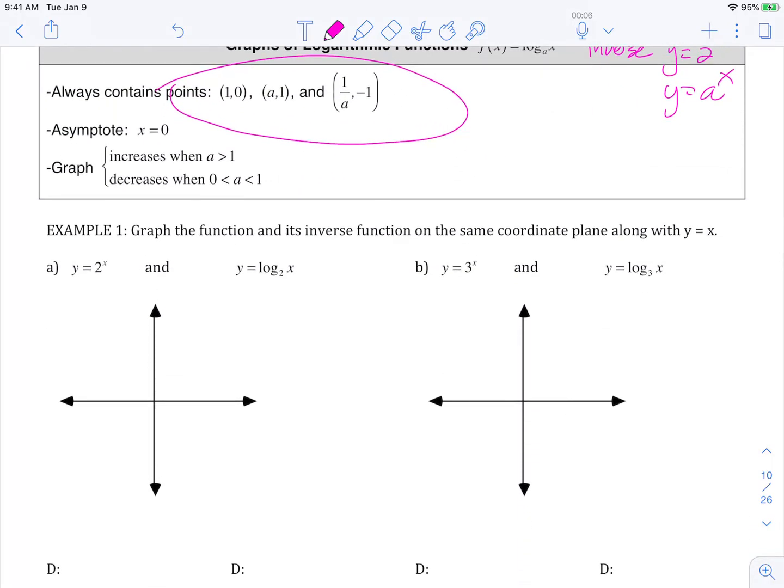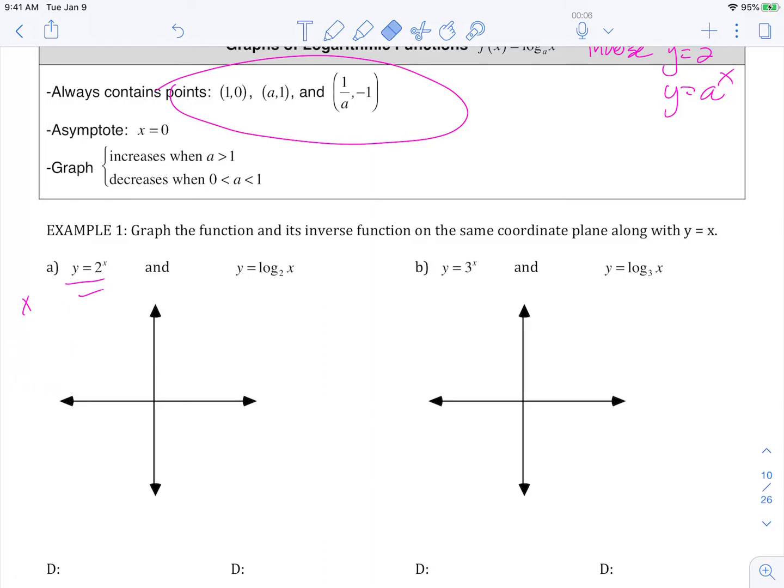And just to give you a feel, I'm not going to do all these because they're not on the test anymore. But y equals 2 to the x. I was doing the other one. Sorry about that.